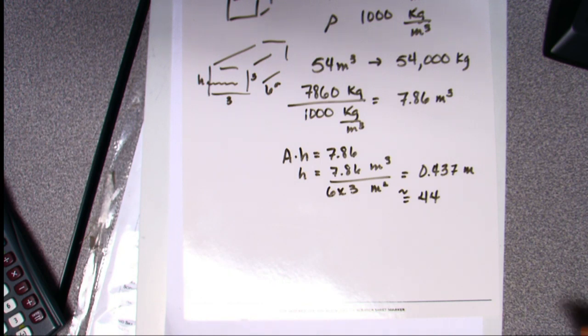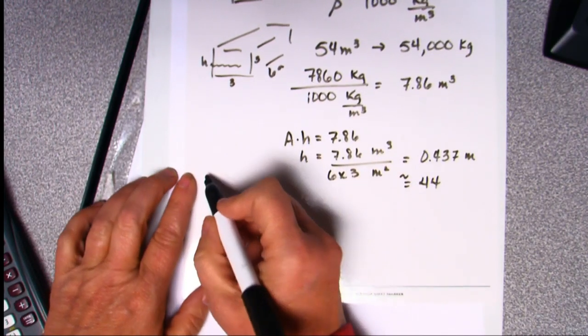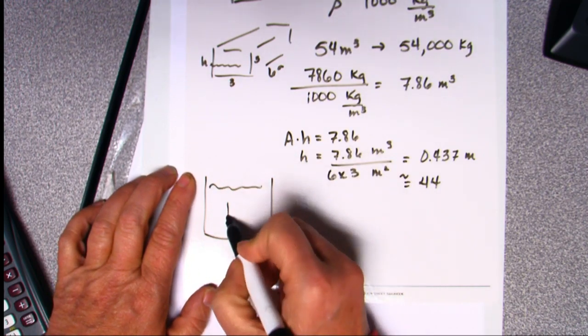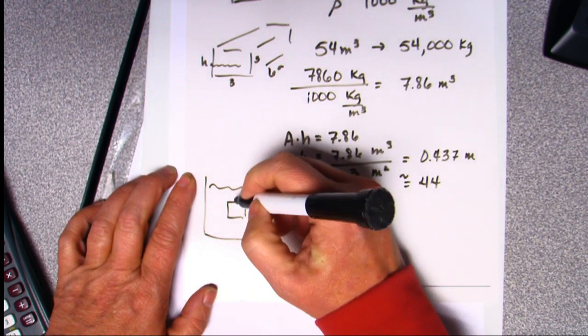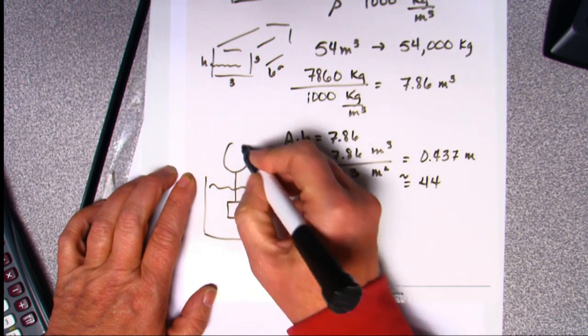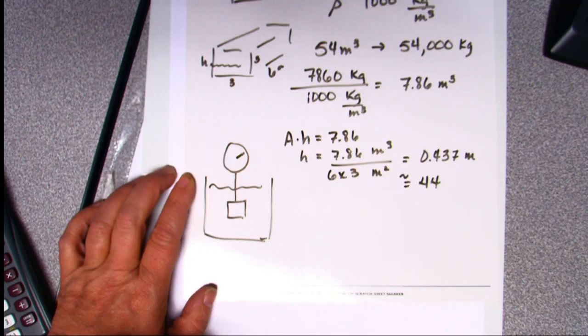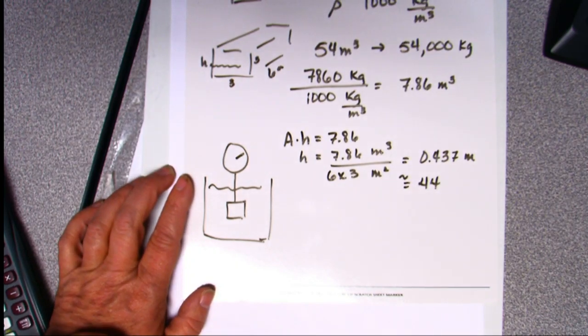So that's why Archimedes' principle works. That's why we can deal with the mass, because when you do the weight of a person, here's my block, and I put this on a scale, a good old fish scale, you could actually measure your buoyant force.